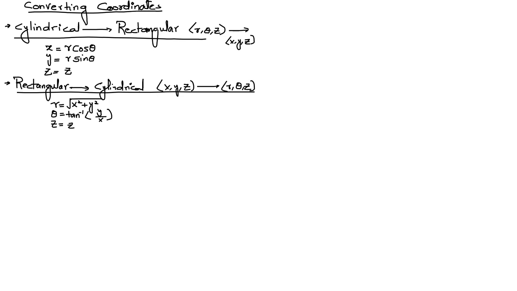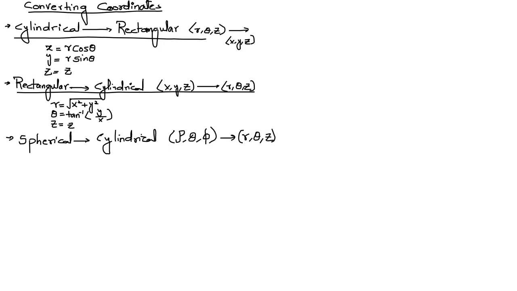Now, if spherical coordinates are given and you want to find the cylindrical coordinates, spherical means rho, theta and phi are given and you want to find r, theta and z. So what are the formulas for this one?